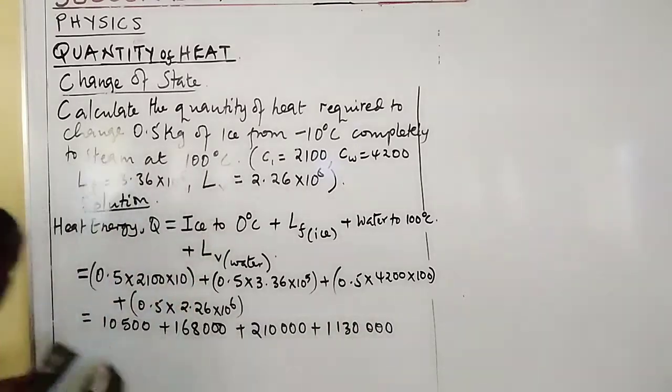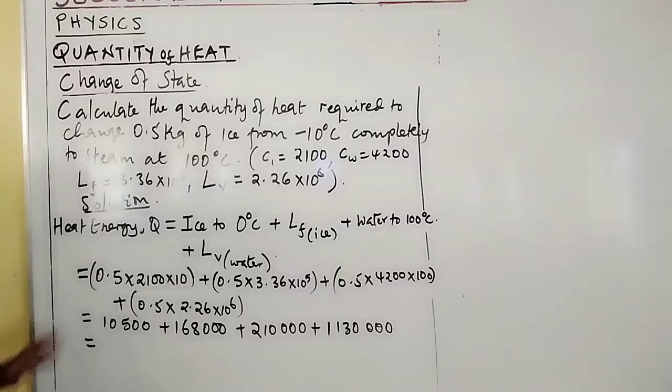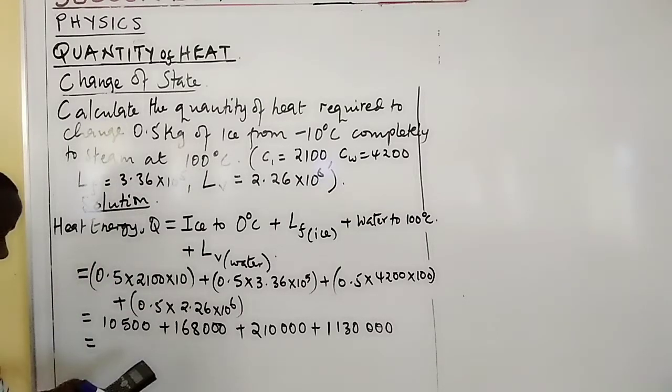1,130,000. Therefore, the total heat required for all that process shall be 10,500 plus 168,000 plus 210,000 plus 1,130,000.